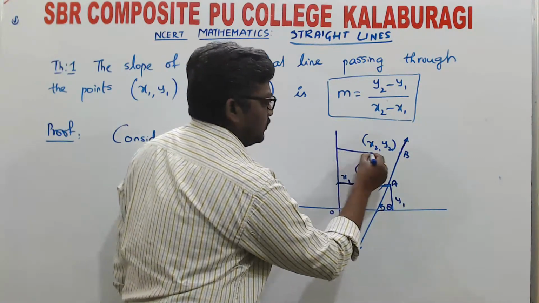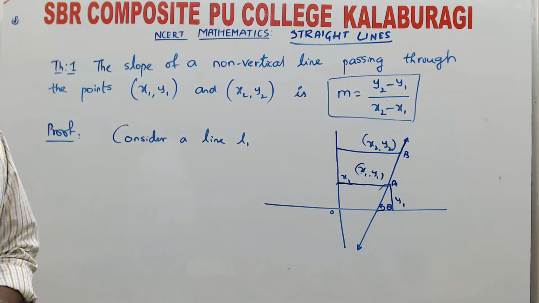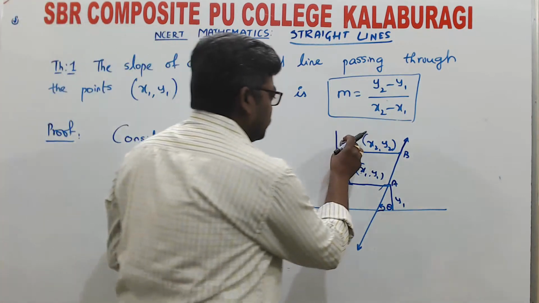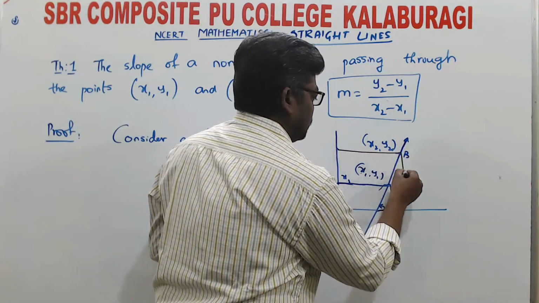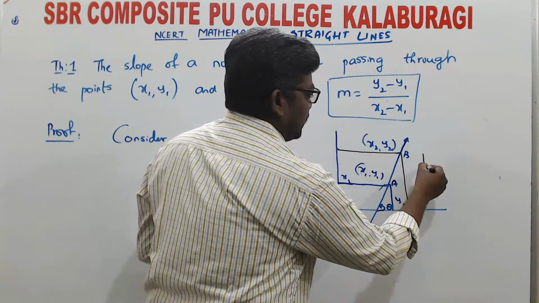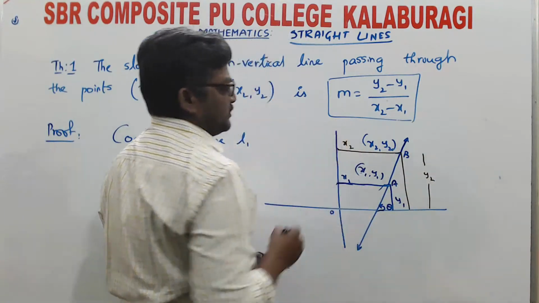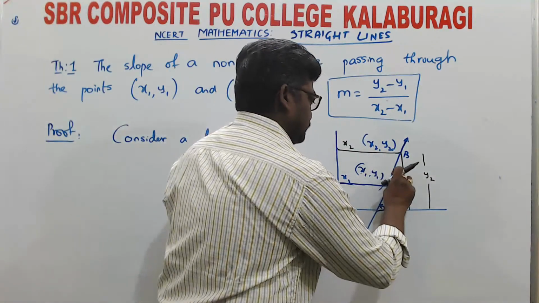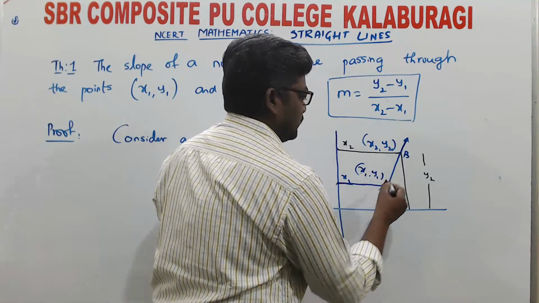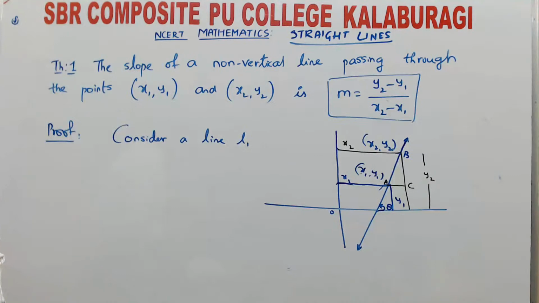From this also, this total is y2. This is x2. Now this is A. We extend this one to C. Okay?